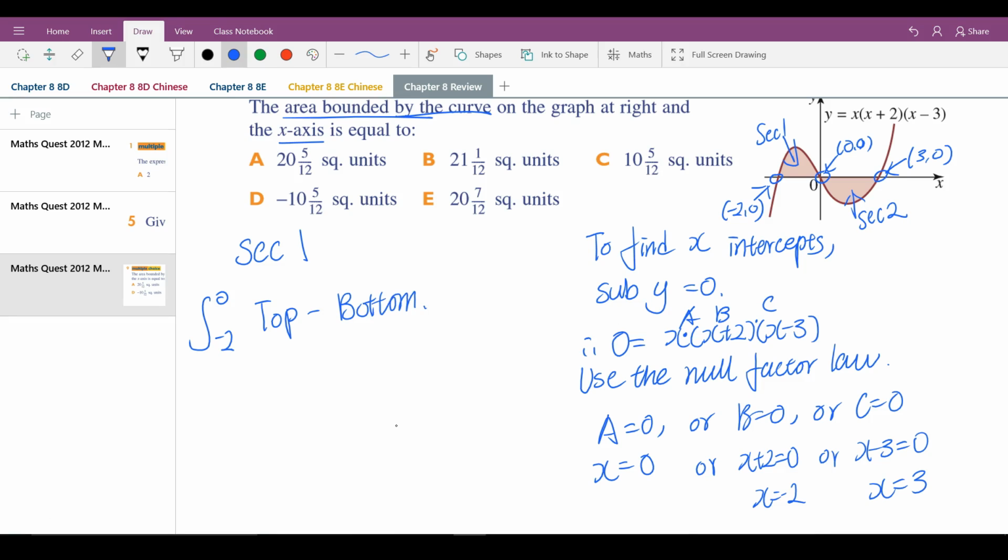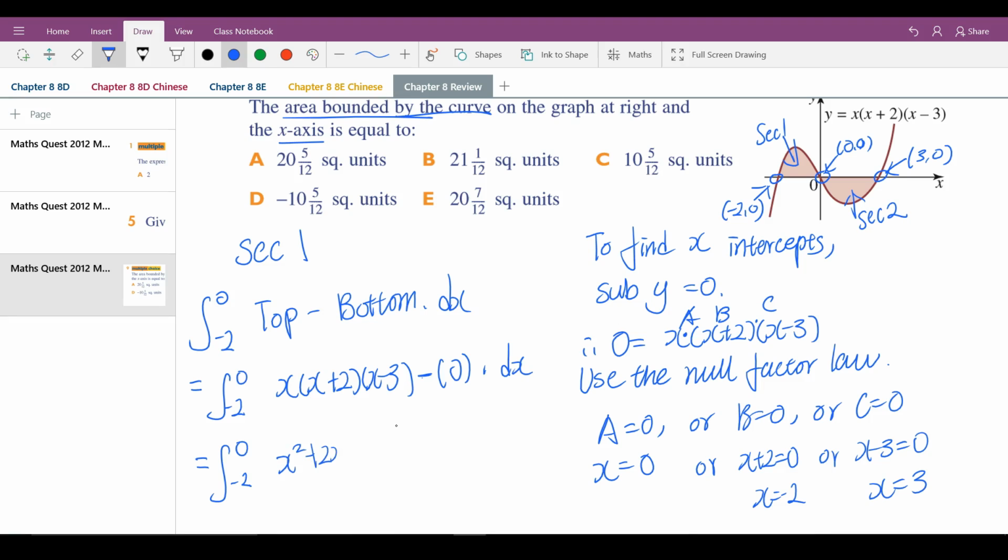Integrate with respect to x. Equal to, top is that function, and then minus the bottom function, which is the x-axis, which is the 0. Now what we can do here is expand, distribute all the brackets. So it becomes x squared plus 2x multiplied by x minus 3.